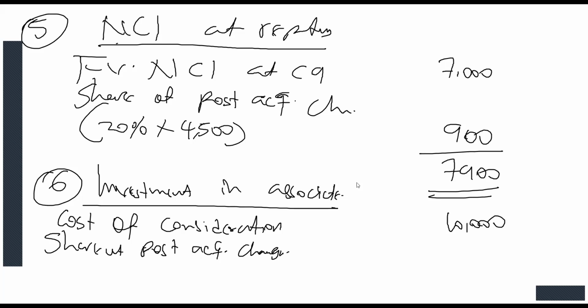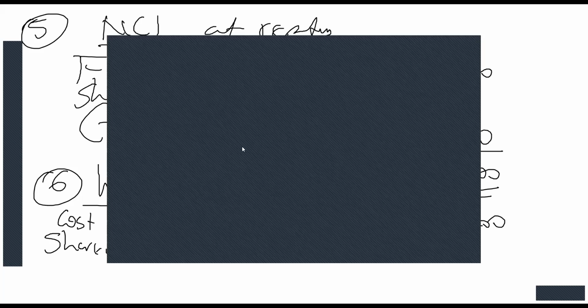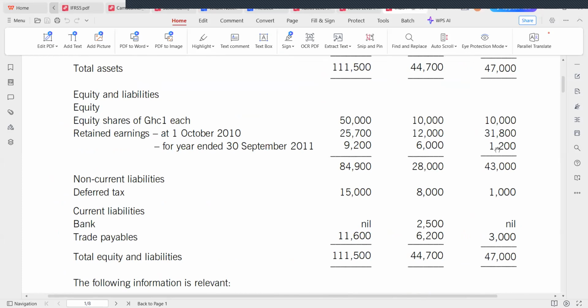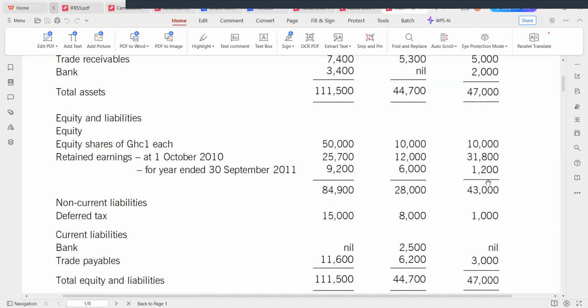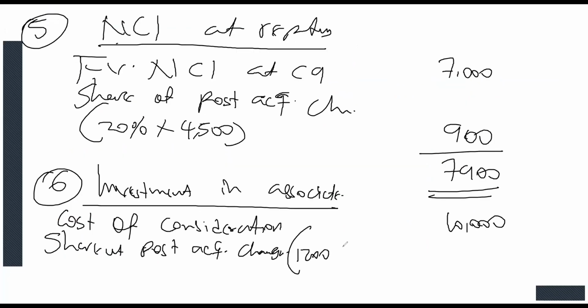Let's go and calculate the post-acquisition changes. What is the profit made by Augusta? Augusta profit is 1,200. Take 8 months of it because we acquired Augusta for 8 months. Then you take Paladin's share, 25%. So 1,200 times 8/12.